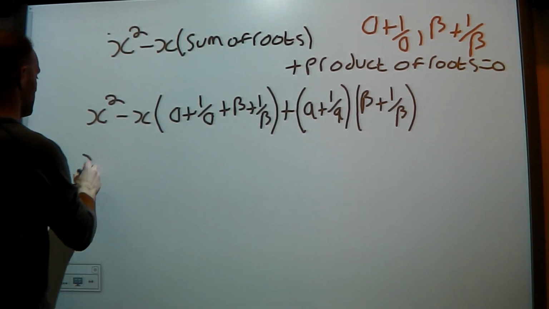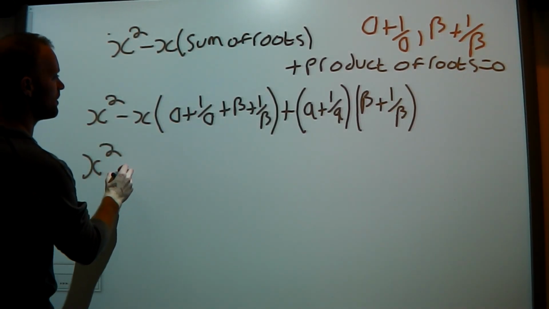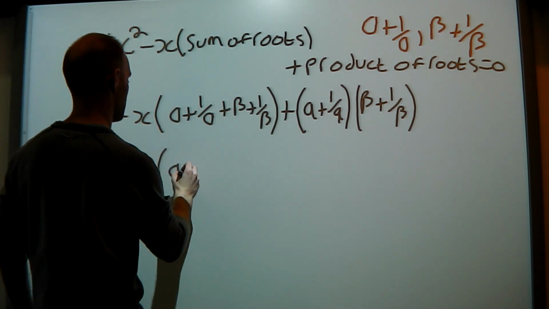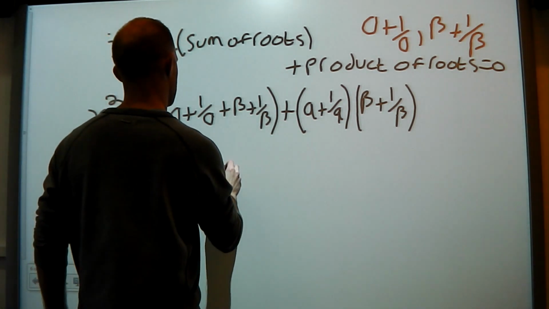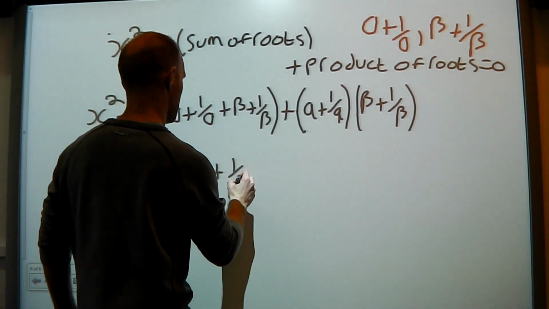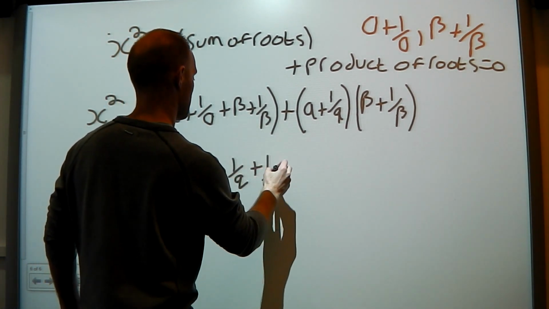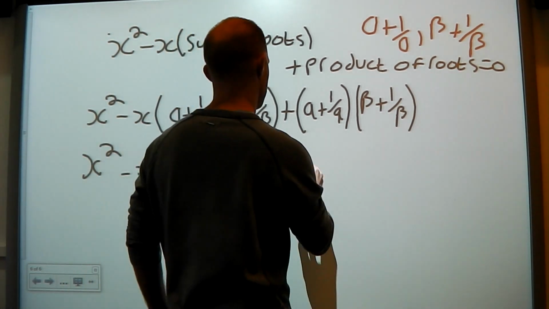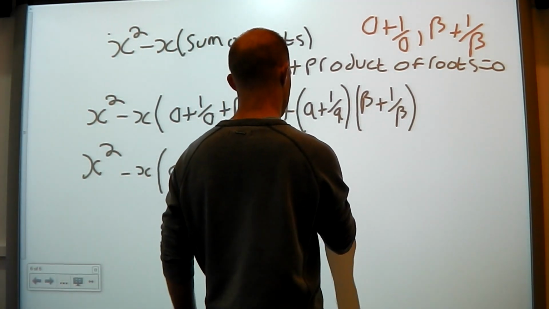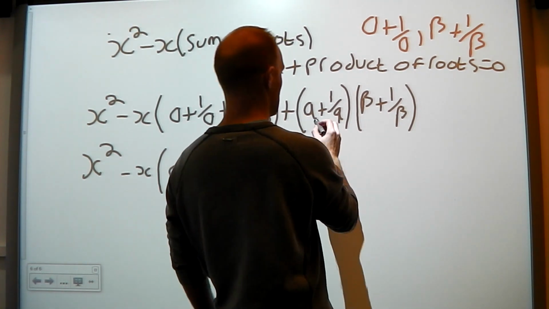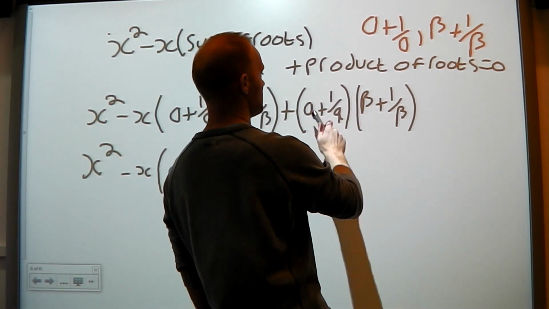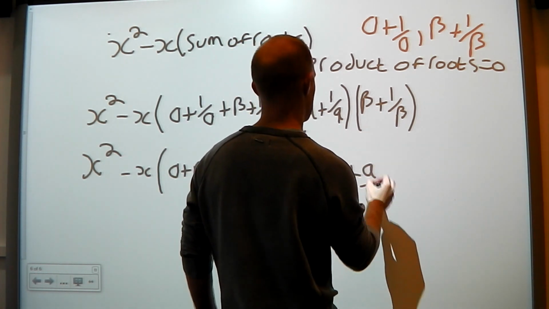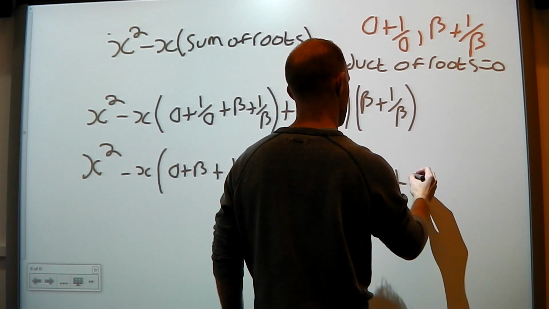Now, so that's equal to x squared minus x times alpha plus beta plus 1 over alpha plus 1 over beta, which changes again in the next line. And that's plus alpha beta. A times B is alpha beta, then it's alpha over beta, alpha over beta, then that's beta over alpha.